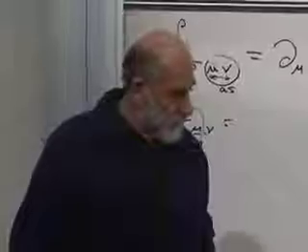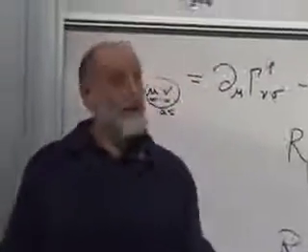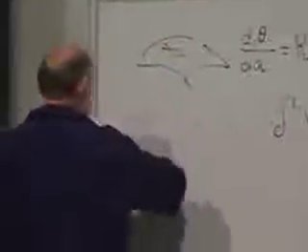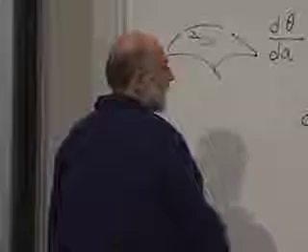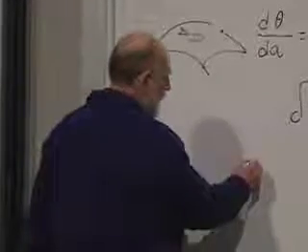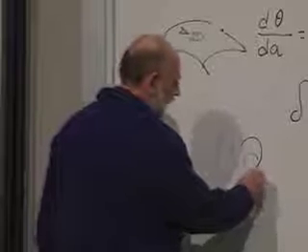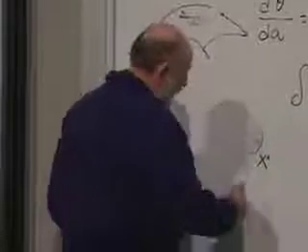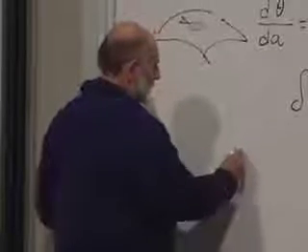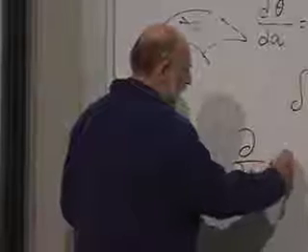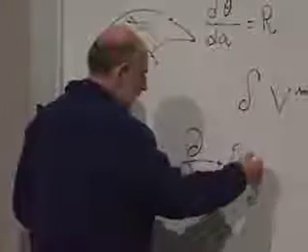For those who are mathematically minded, I will give you a very simple definition. The covariant derivative with respect to x mu is defined how? It's the derivative with respect to x mu plus gamma mu, whatever.